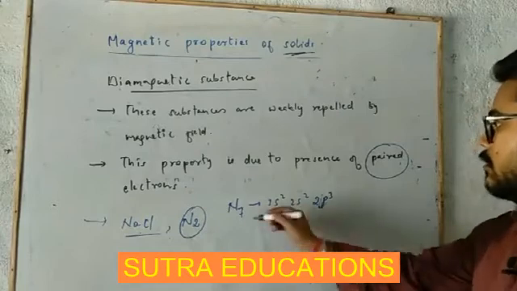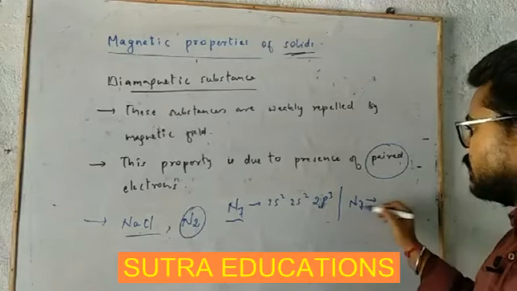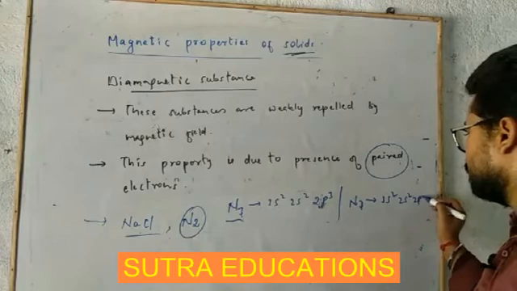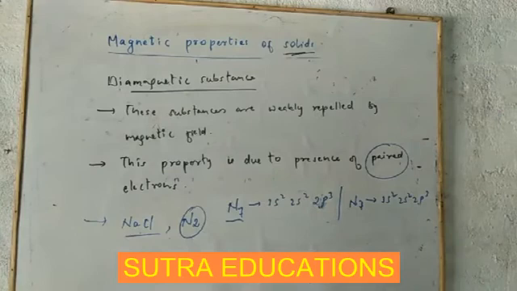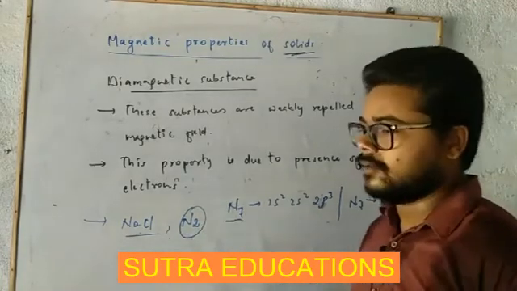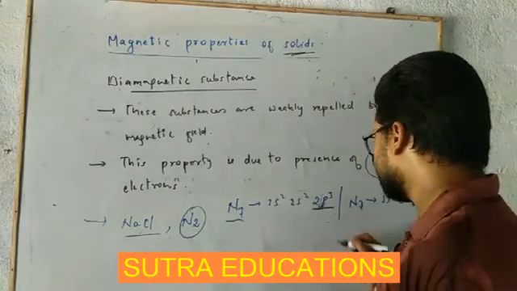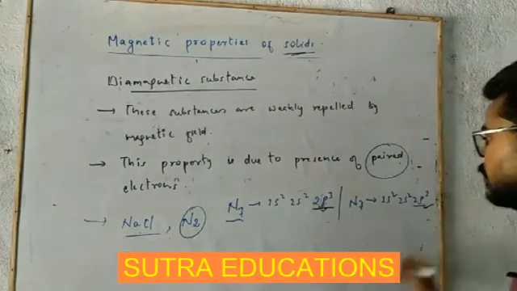So one nitrogen has this electronic configuration and there are 2 nitrogens, so the second nitrogen will also have 1s2, 2s2, 2p3 electronic configuration. Now only those orbitals take part in reaction or in bond formation which are half filled. So 2p3 and 2p3, just draw it.